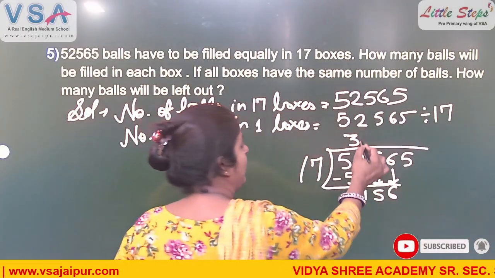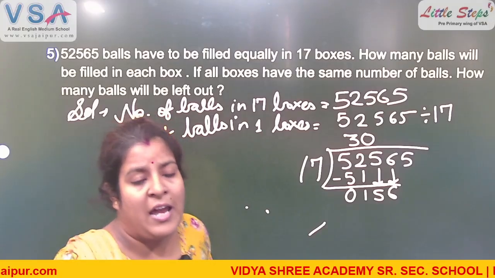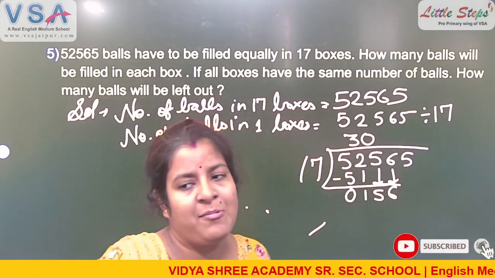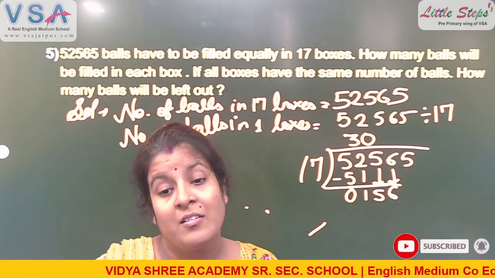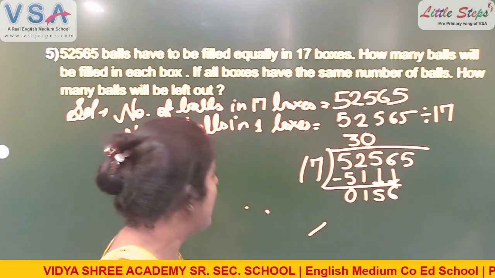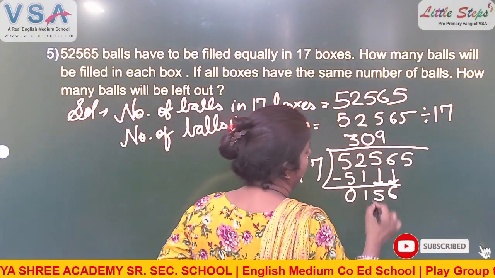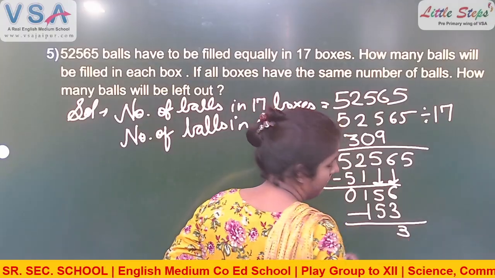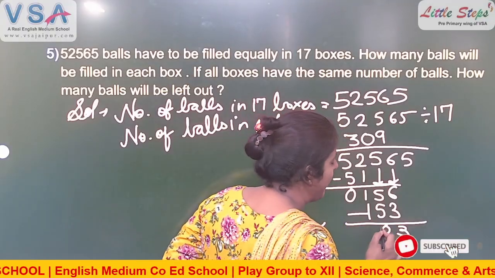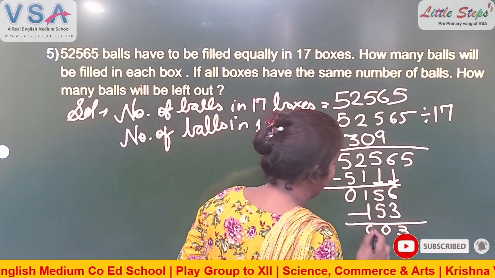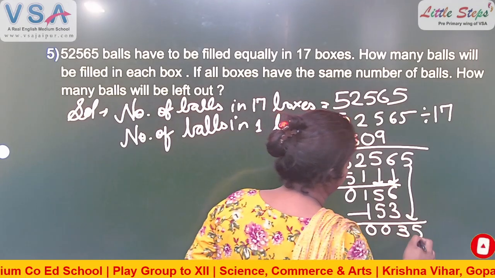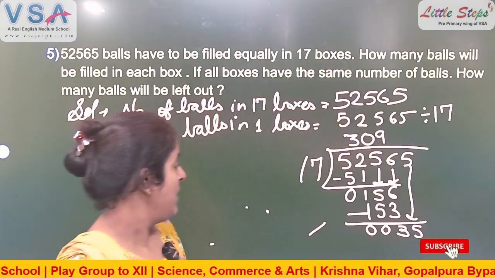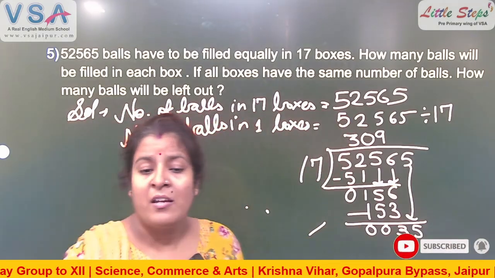So write the 0 on this side and split the table of 17, 9 times. So we get 153 and subtraction: 6 minus 3 is 3, 5 minus 5, and 1 minus 1, 0. And write the 5 on this side and 35.